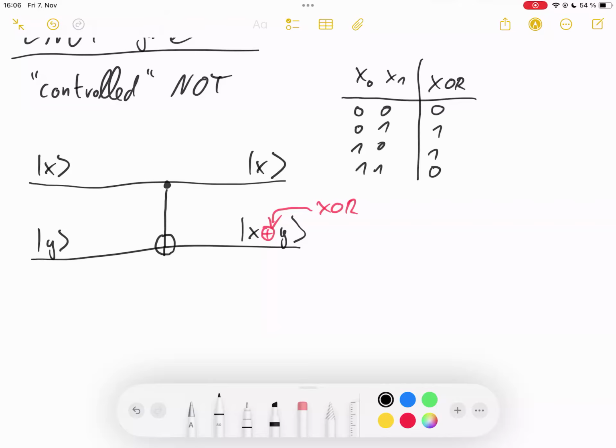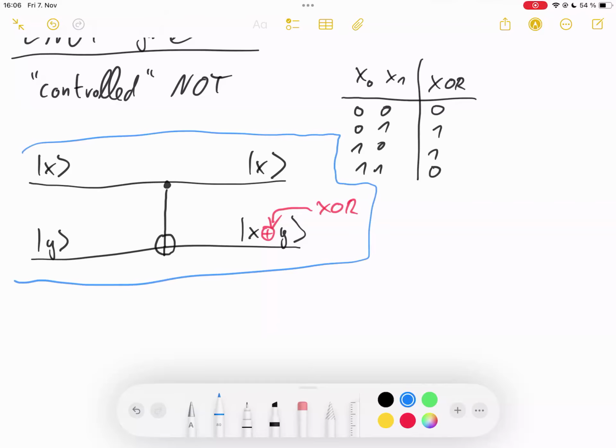And in our CNOT gate, just separating this blue from the rest, we have two inputs, X and Y. Later, this can also be some quantum state, but for now, we just assume it's classical values.